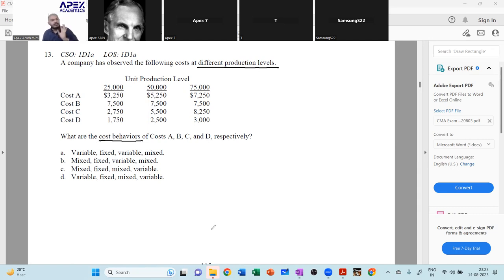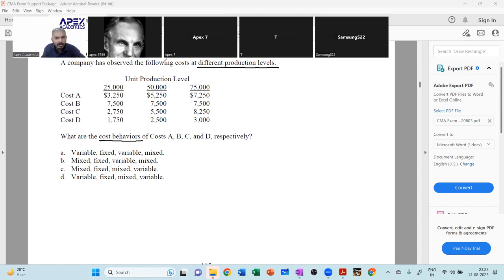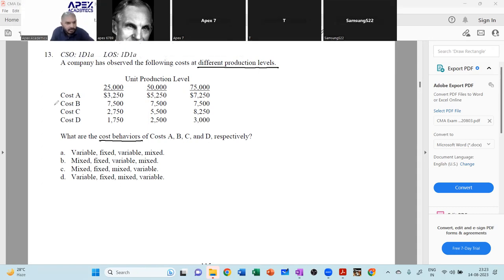The way of doing this is very, very simple. First, always identify if there is a cost staying the same at all levels of activity. Cost B stays the same at all the levels of activity. A cost that stays the same on a total basis for all the levels of activity is obviously a fixed cost. Why is it a fixed cost?